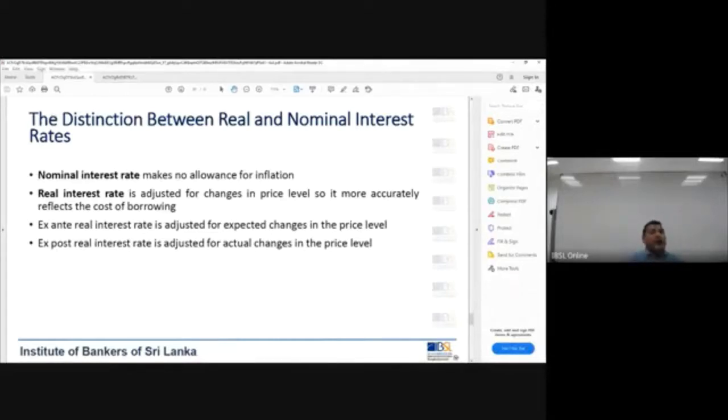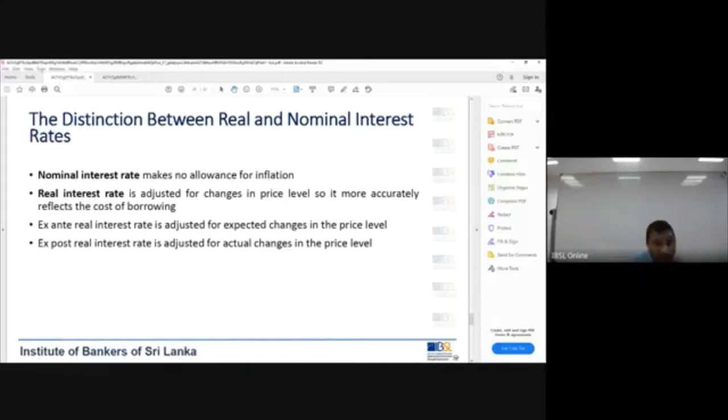So today I'm looking at what's the real interest rate 1 year from now. Next year's real interest rate I have to express today. So how can I express it is by taking the expected inflation. Inflation today is the current inflation, but inflation 1 year from now is expected inflation.